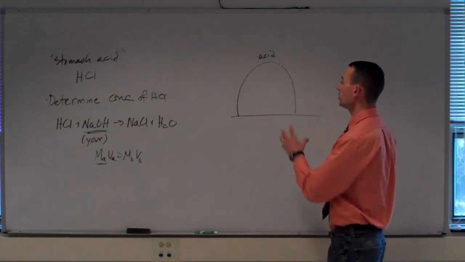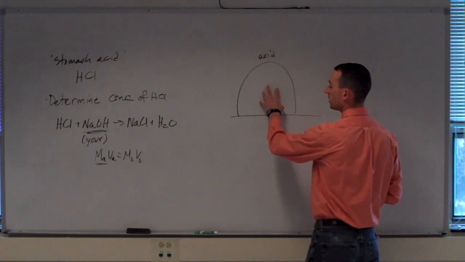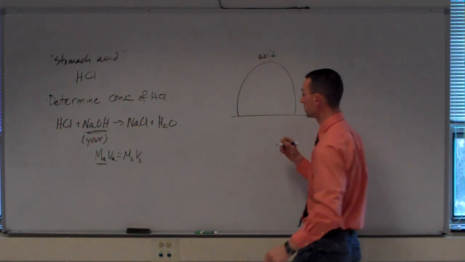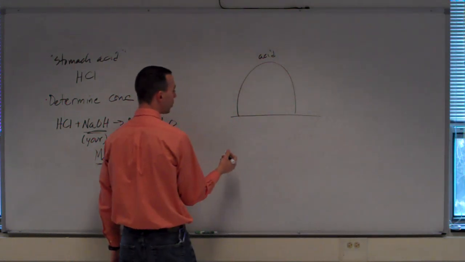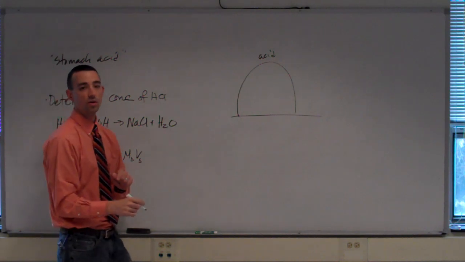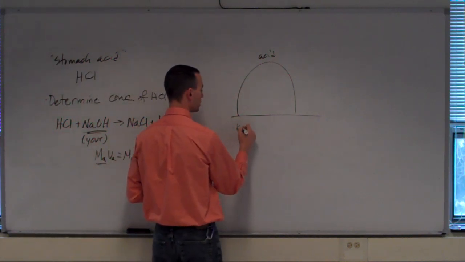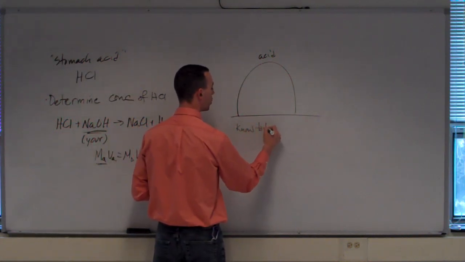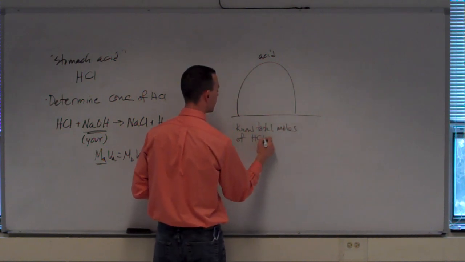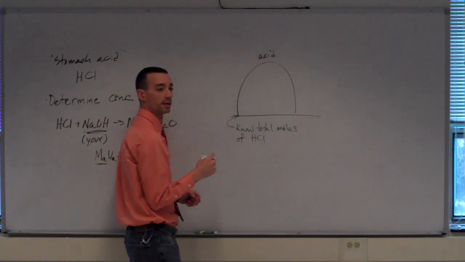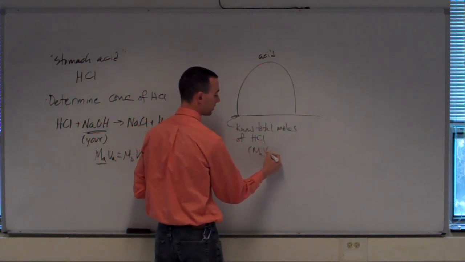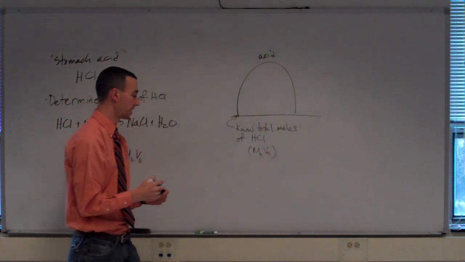Once you know its concentration, you know how many moles of acid there are here, total. You know the total moles because at that point you'll know the molarity and you'll know the volume. So you know the total moles of HCl in this pile up here. It's the molarity of the acid times the volume that you added into it.